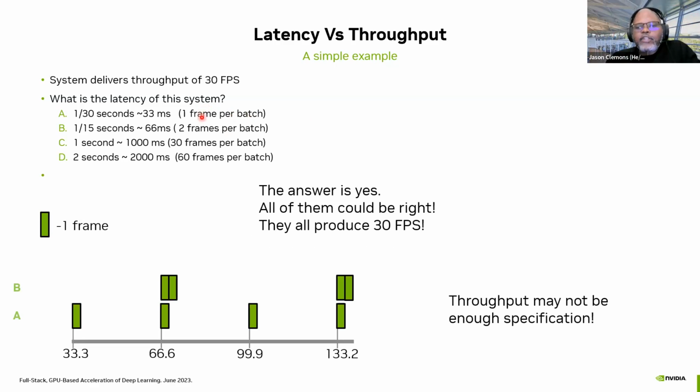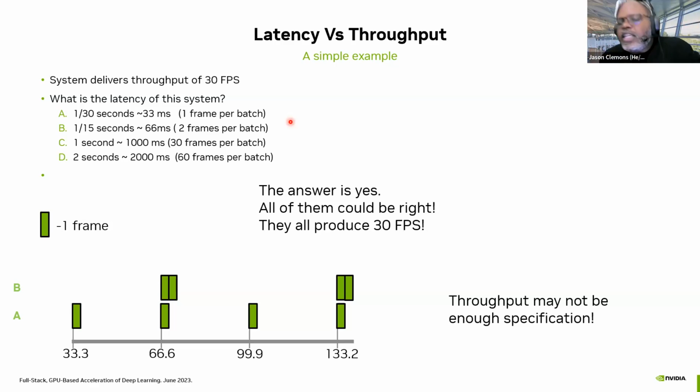If I do 1 frame per execution, yep, 33 milliseconds. But what if I do 2 frames? Then I can take 66 milliseconds. I could do 1 second to do all the computation and only return you something every 1 second, but when I do, I return you 30 frames. Or I could return you 60 frames every 2 seconds. Guess what? If you take the amount of time over the number of frames I'm returning, that's 30 FPS.